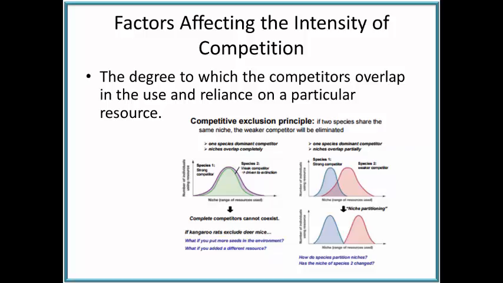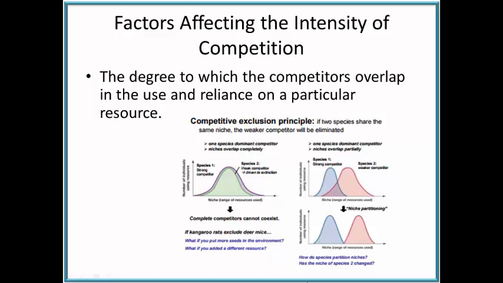The factors that affect competition are going to be the degree to which the species overlap in the requirements that they're demanding from the environment. The degree to which the competitors overlap in resource use and reliance on a particular resource will affect the intensity of competition.